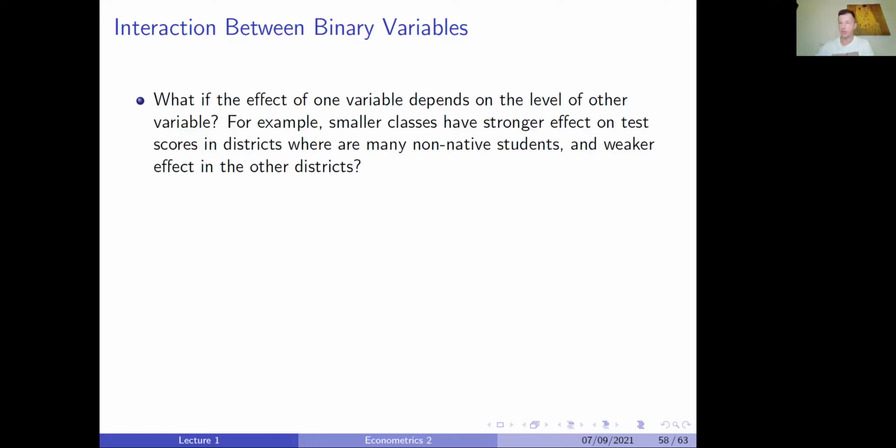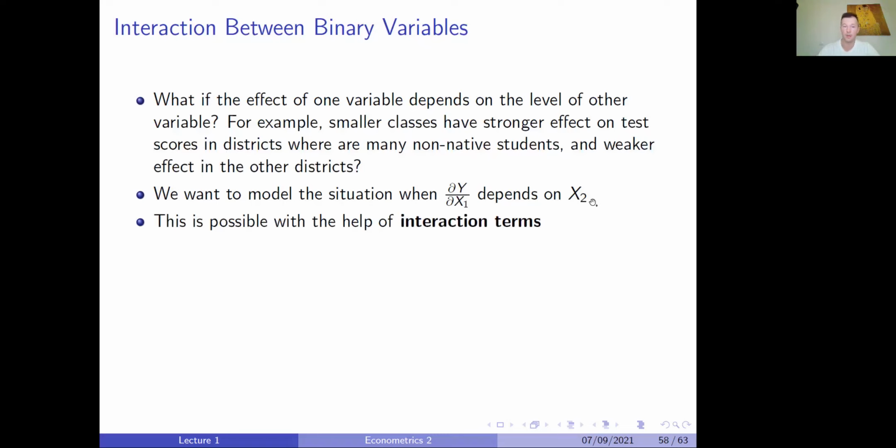Sounds reasonable. How can we model this dependency of one variable on the level of the other variable? We want to model the situation when the partial effect of x1 on y depends on x2. We model this with the help of something that is called an interaction term.